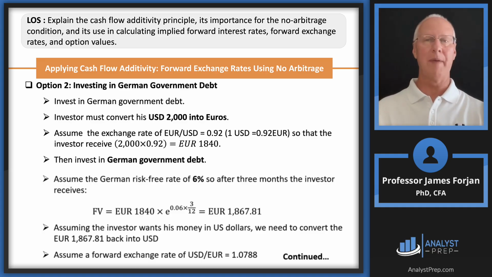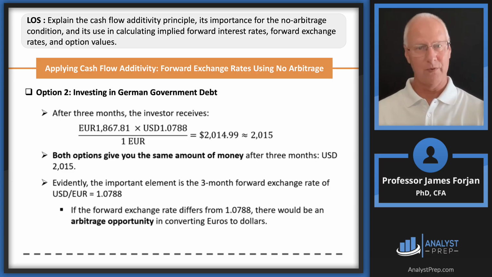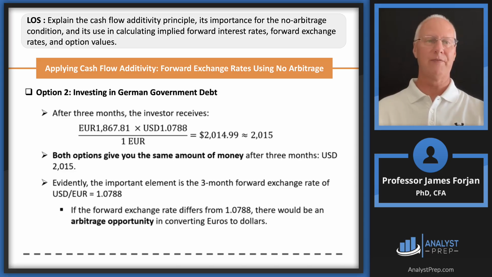You can just go down to the bank and say, hey, I want to sell 1840 euros in 3 months' time for US dollars. And the bank might say, look at the bottom there, oh, there's the exchange rate. Well, if you sign that forward contract and you convert those euros back, you'll get the 2015.